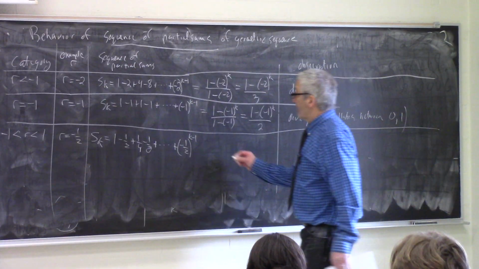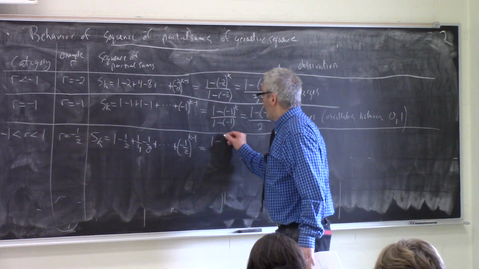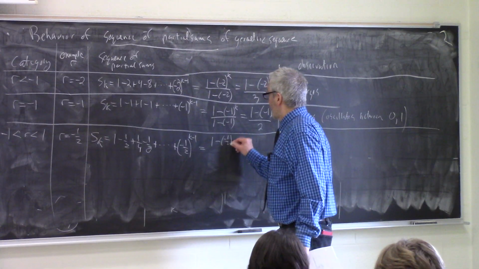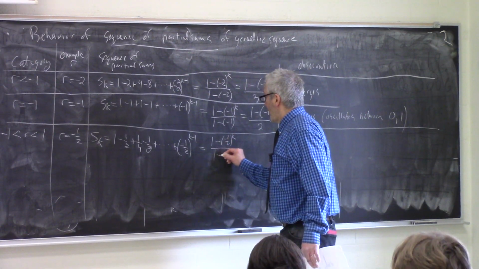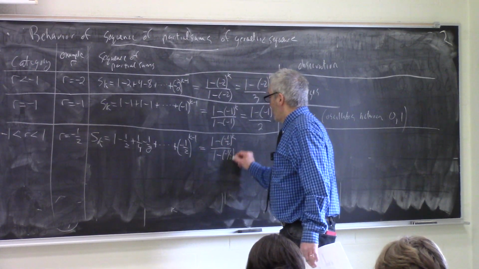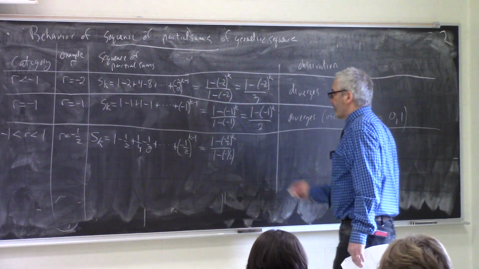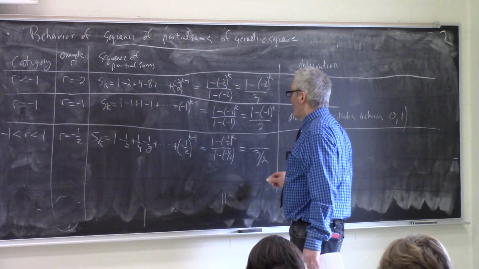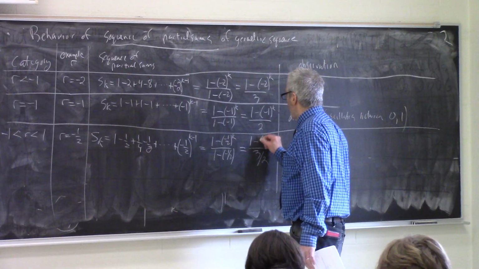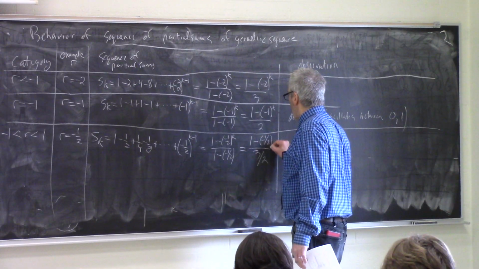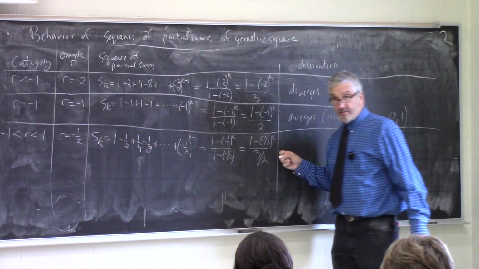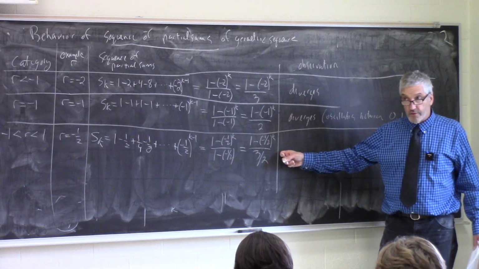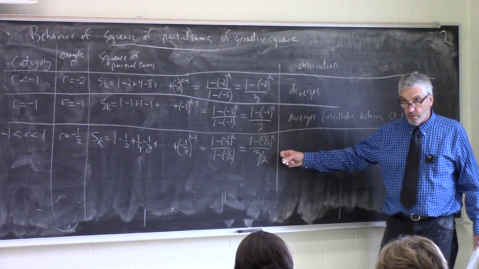And the value of that is (1 - (-1/2)^k) over (1 - (-1/2)). Well, 1 minus -1/2 is 3/2. So there's a 3/2 in the bottom, and at the top I have 1 minus (-1/2) to the k power. Does that sequence converge or diverge?